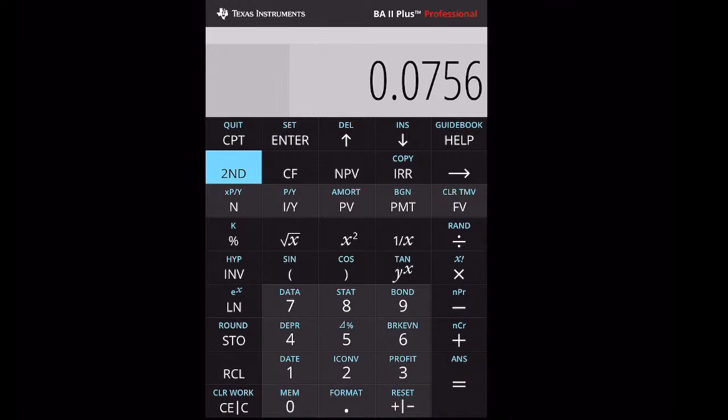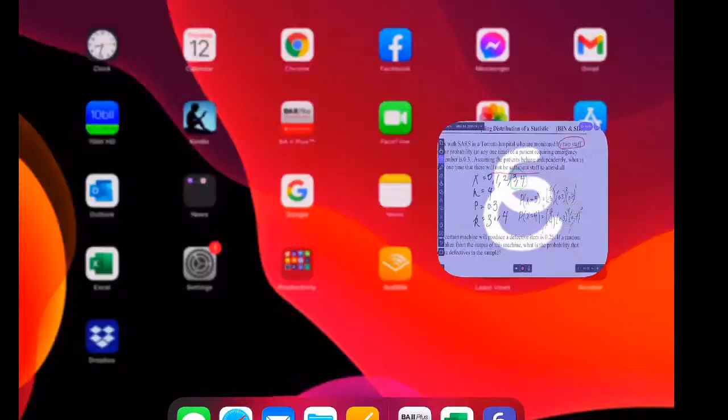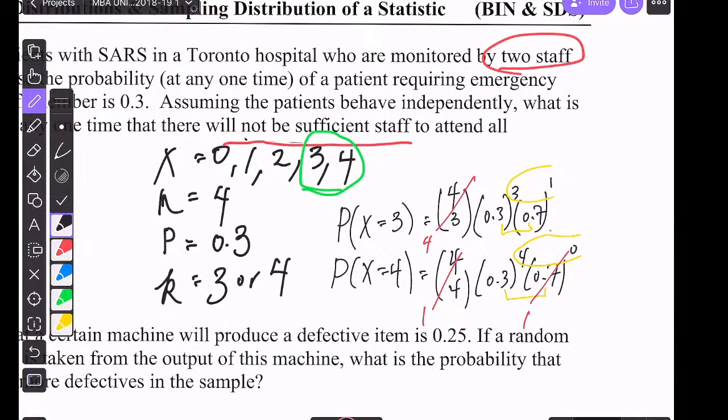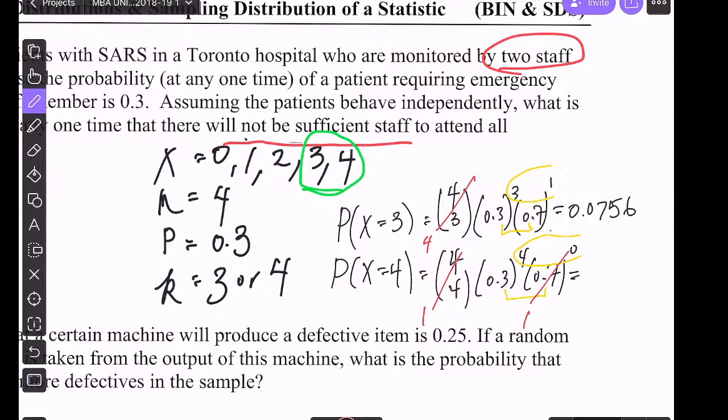So 0.0756. And the next one is just 0.3 to the power 4. So you need to know this button on the calculator, okay? That's the power button.